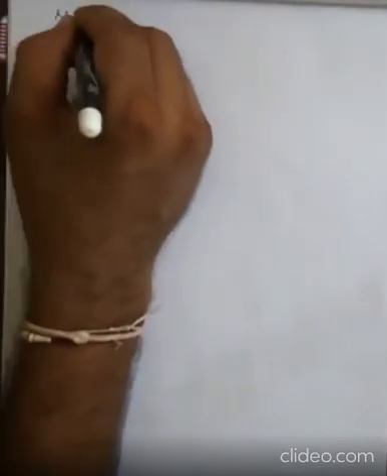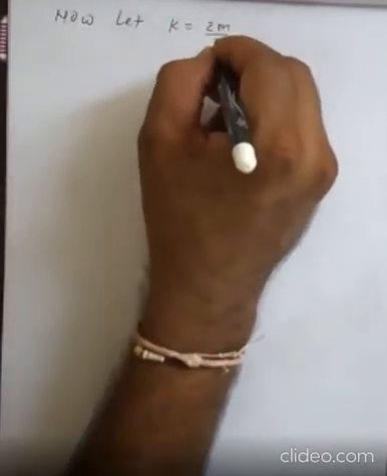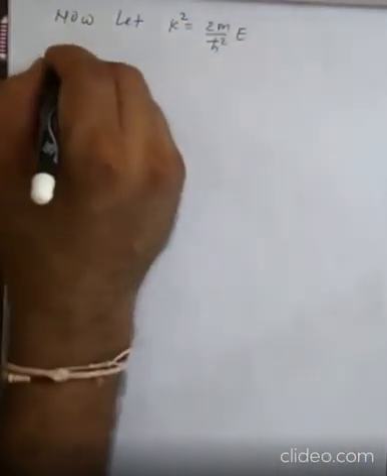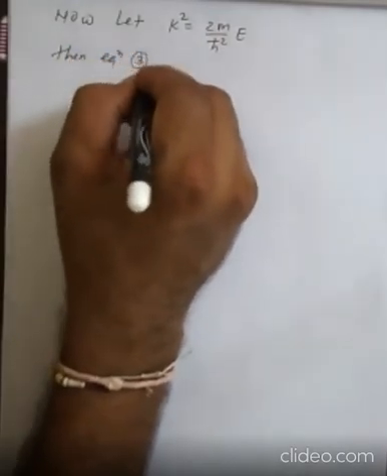Now let 2m E over h cross square be k square. Okay, then equation 3 will be d square psi by dx square plus k square psi equal 0.